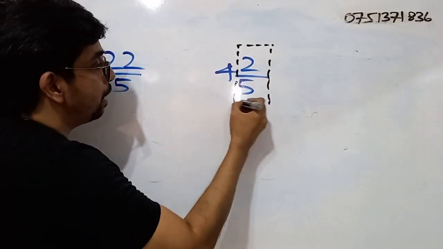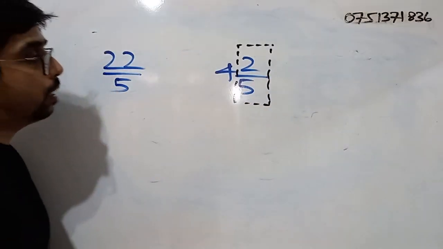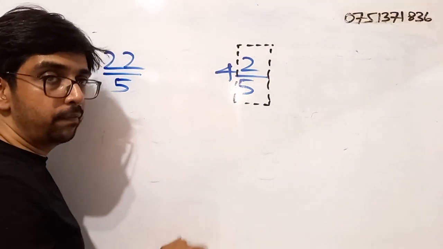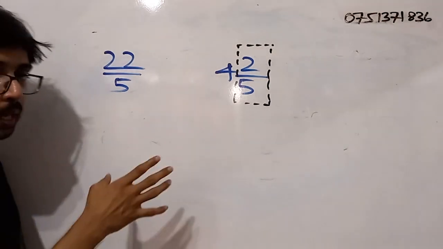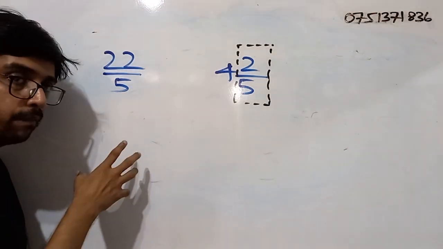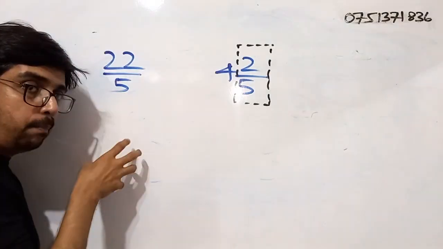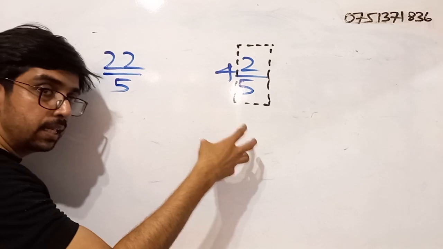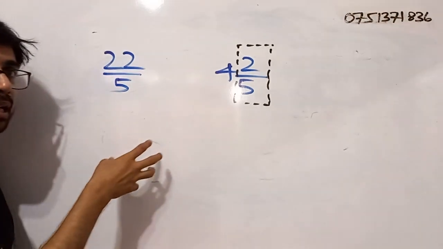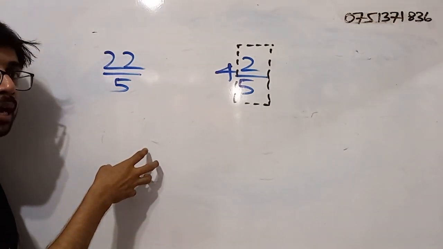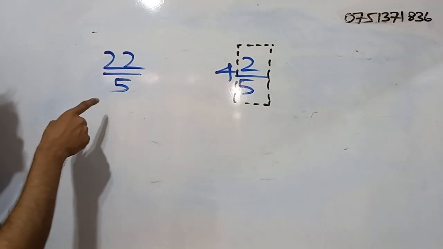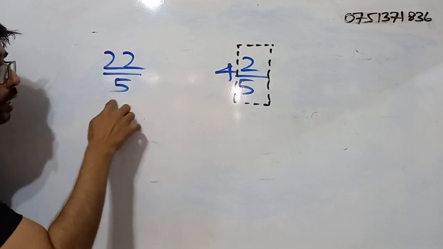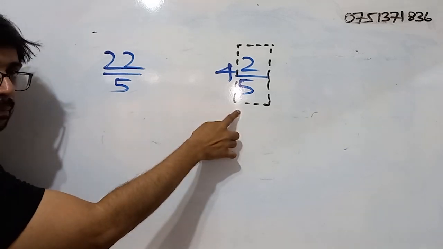Also, in a mixed number, if we think about the fraction part, it will always be what? A proper fraction. And another thing, an improper fraction can be converted into a mixed number, and in the same way, a mixed number can be converted into an improper fraction. So even though these two fractions appear different, actually they are the same.